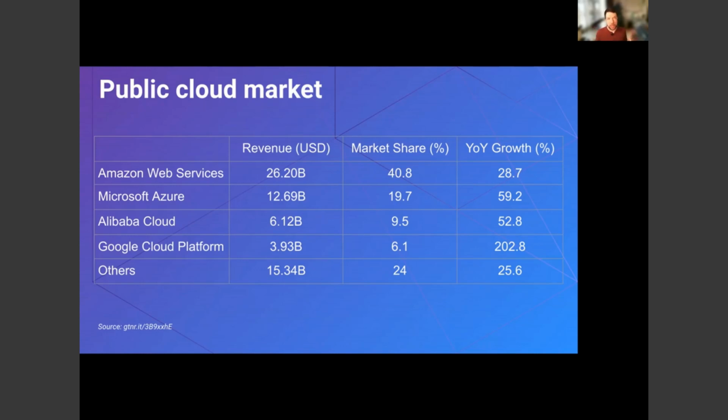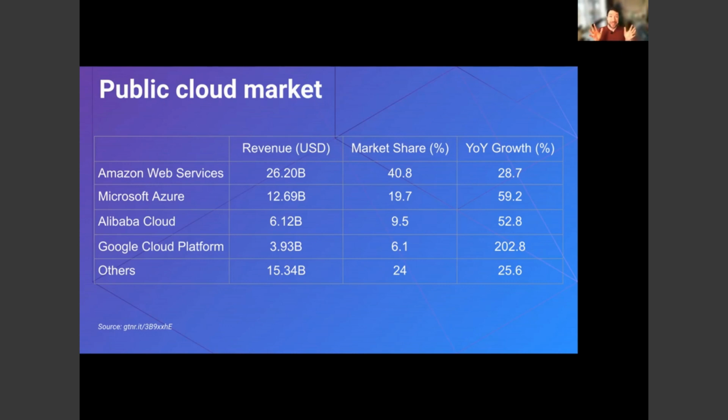And we look at some of the other competitors in the space. We look at Azure, right? Nearly 13 billion US dollars in revenue, nearly 20% market share. But look at their year-over-year growth, 60%, 60%. That's incredible, right? So industries, not just computer people doing computer things, right?